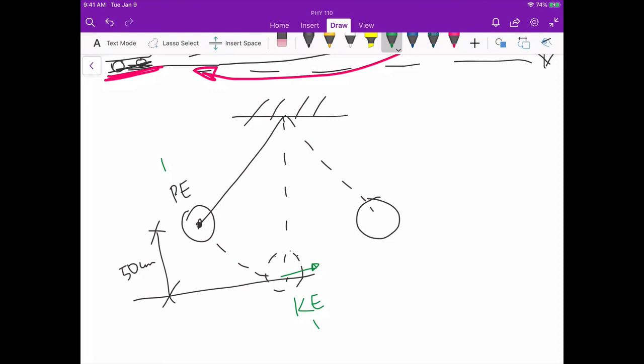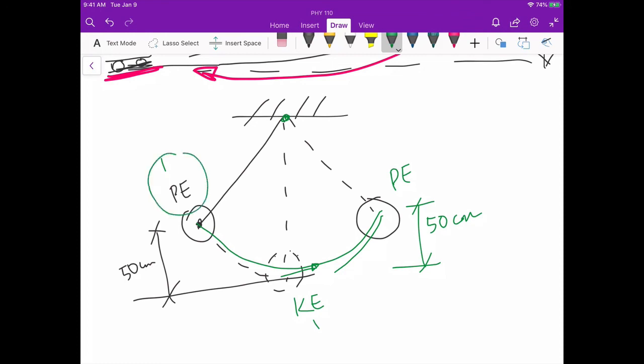When it swings to the other side, it loses its kinetic energy and gains potential energy. If there is no friction here, and no air resistance in the environment, this pendulum will go 50 centimeters to the other side. It starts at 50, it's going to come to a 50 centimeter height, then it will go back and regain that 50 on the other side.